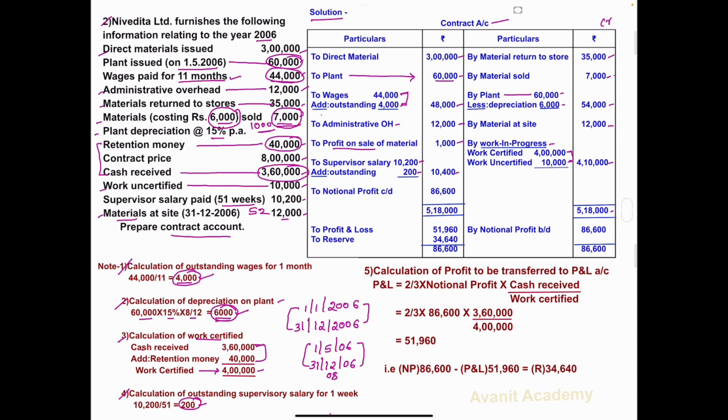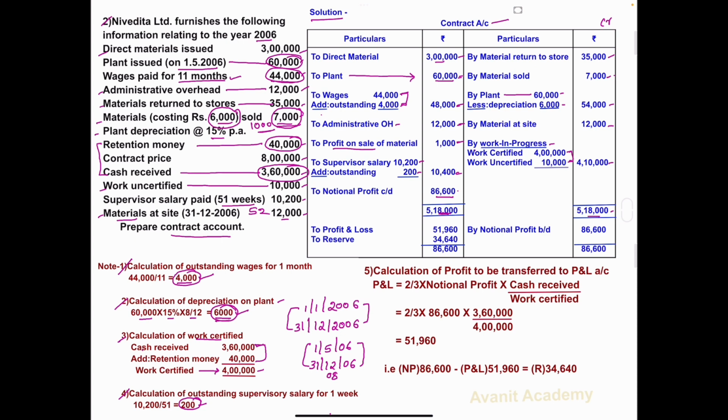5 lakh 18,000. So this credit side is more. The balance of credit side is more. 5 lakh 18,000. Same we have to write on the debit side, right here. 5 lakh 18,000. From 5,18,000 minus 3 lakh, minus 60,000, minus 48,000, minus 12,000, minus 1,000, minus 10,400, and the balance you will get is 86,600.